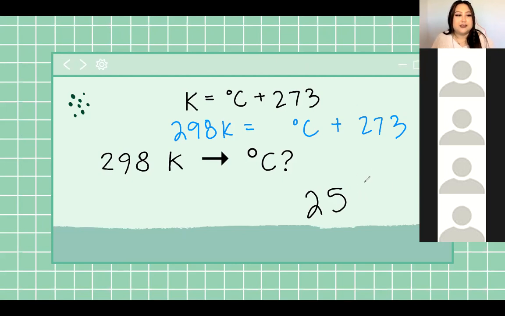25 degrees Celsius. And notice that it has to be in 3 sig figs. If she asks this, how would we make this a different notation?